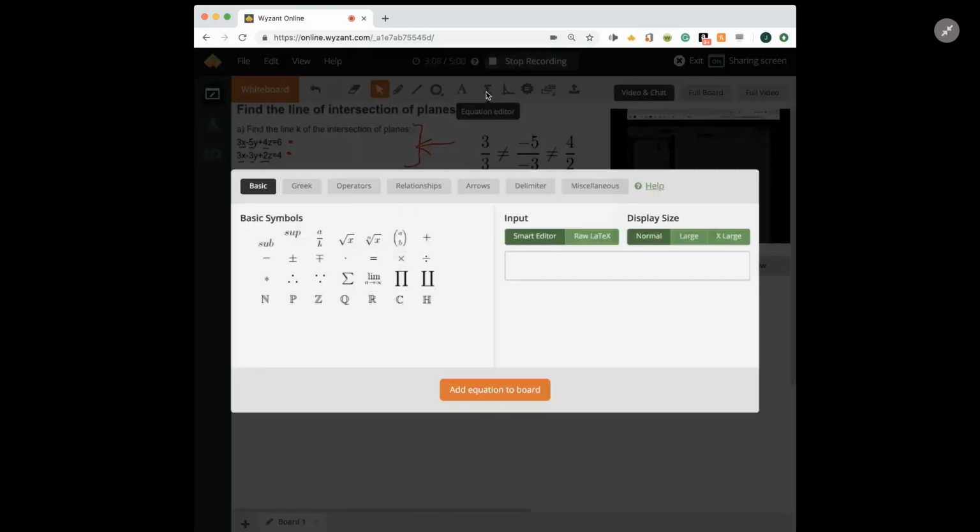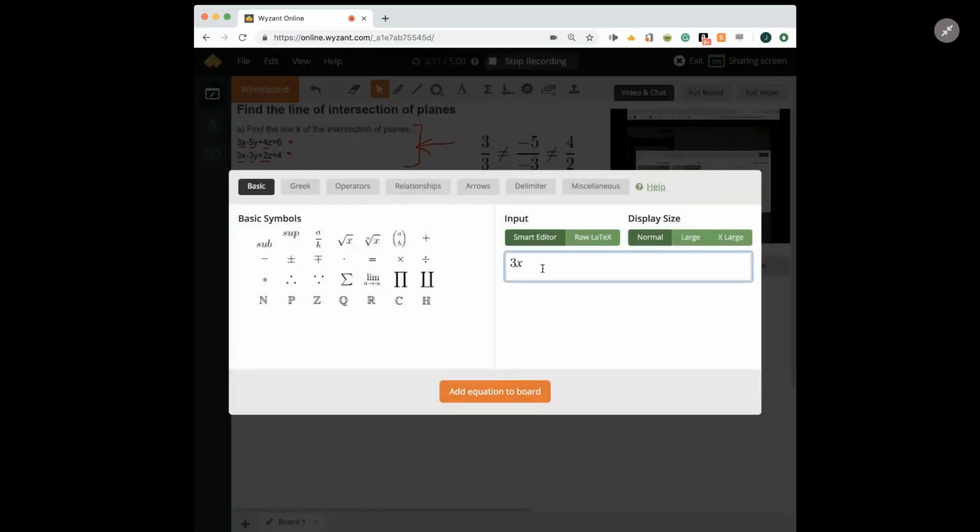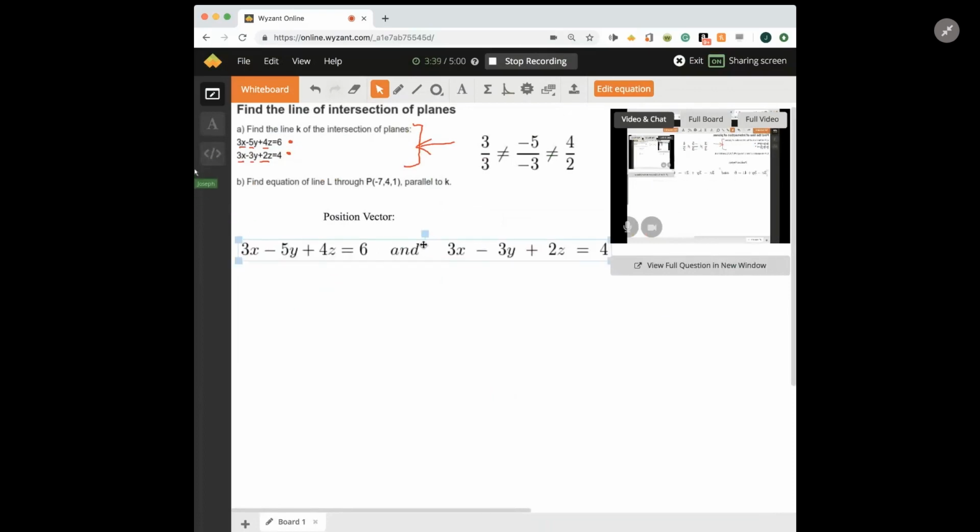We've got our equation 3x minus 5y plus 4z equals 6, and we also have the equation 3x minus 3y plus 2z equals 4. So here are our two equations.